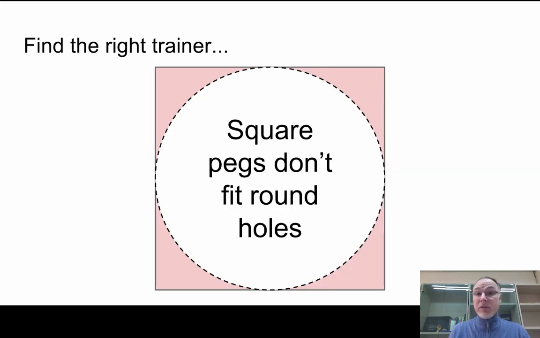As a person who's defining and creating the training, you also have to recruit a trainer. Sometimes that will be you, but sometimes it won't be. And you need to find the right trainer who can teach that material to this specific audience. And the idea here is that square pegs don't fit into round holes.